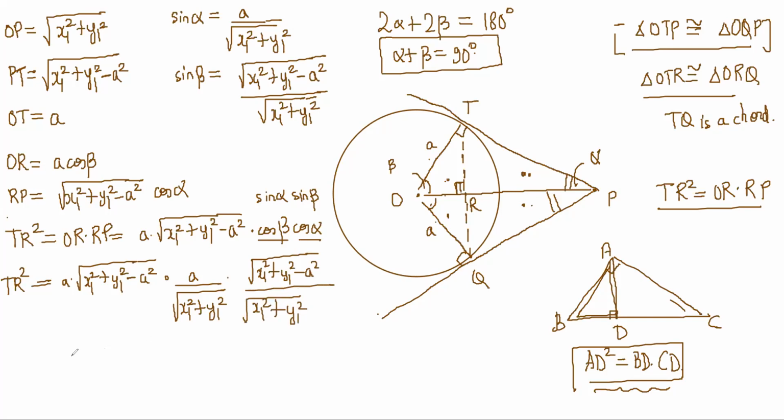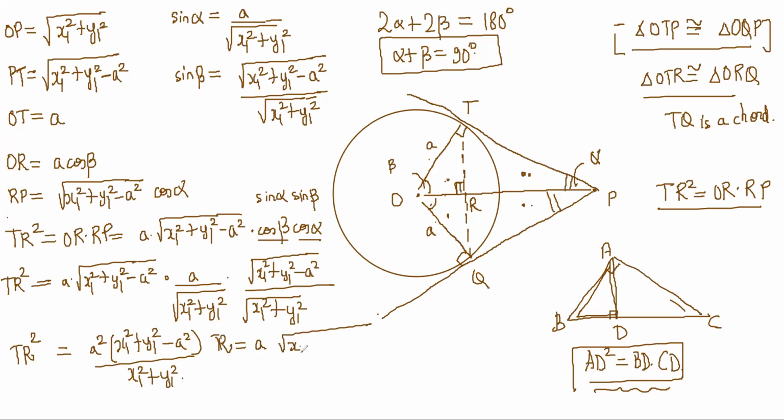So this becomes a square on top, x1 square plus y1 square minus a square by x1 square plus y1 square. This is your TR square, right? So TR basically comes as root of this. So TR is equal to a into root over this minus a square by root over x1 square plus y1 square, right?